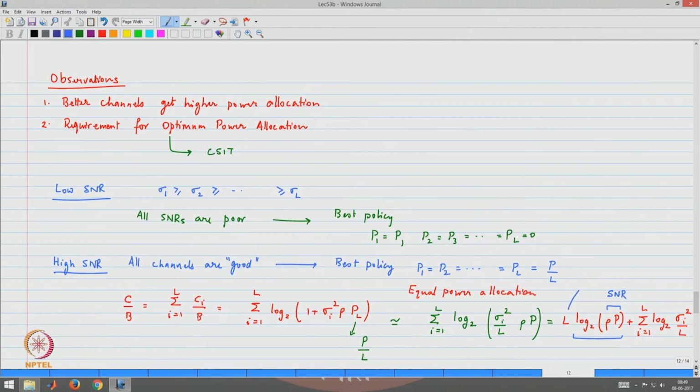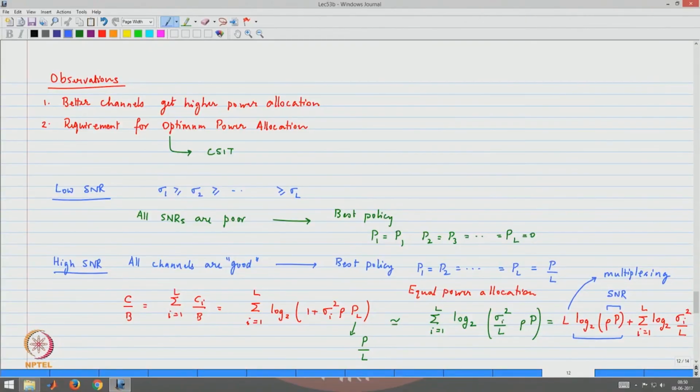Now, here we find that the capacity is going to grow linearly with the value L. This is what we would refer to as the multiplexing gain, because we are transmitting the information along L parallel channels. The total capacity under high SNR conditions basically grows linearly with L, and again a very intuitively satisfying result, because as we have created L parallel channels, the capacity is dependent directly on L.